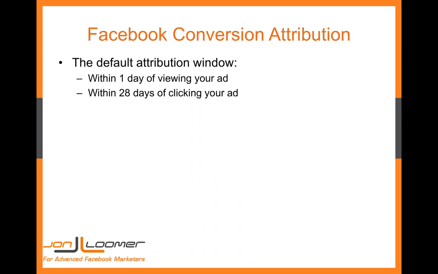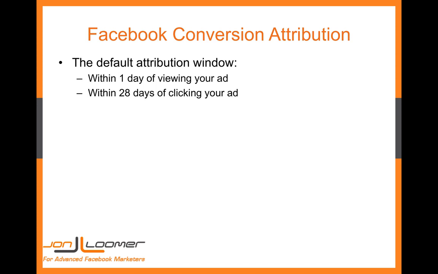So understand this: the default attribution window, and we kind of already touched on this a little bit, is anyone who sees your ad and then converts within 1 day, or anyone who clicks on your ad and converts within 28 days. I know there's this assumption that Facebook's only counting those people who clicked on your ad and immediately converted.